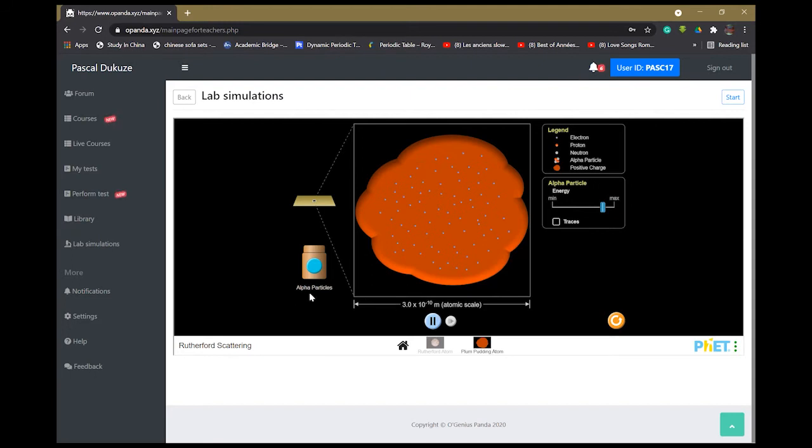Now let's start. Here we have the source of our alpha particles. You hit the blue button and then the alpha particles start to come out. You can see here we have a small hole, so that some of the alpha particles which may pass aside the Plum Pudding atom will be blocked by this thin sheet.